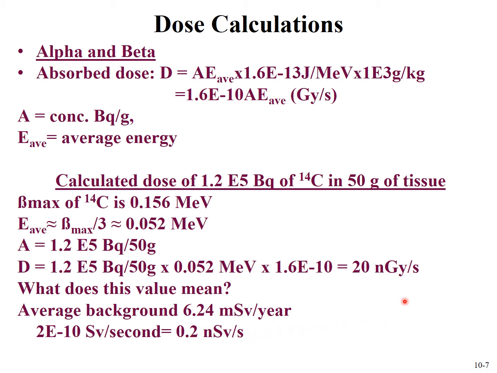So this calculated dose is 2 orders of magnitude larger than the background dose. So this 20 nanosieverts per second is 100 times background. So that's a reasonable estimation, a value that one can use to compare a calculated dose with a meaningful value.